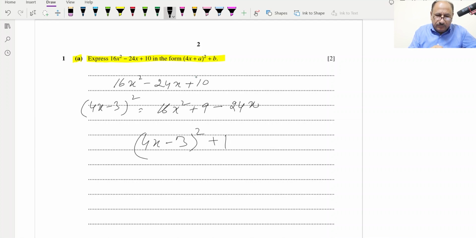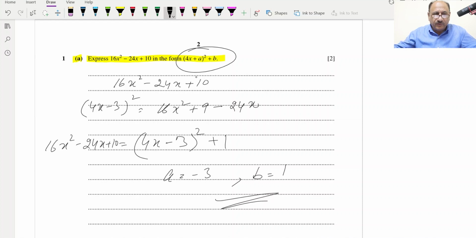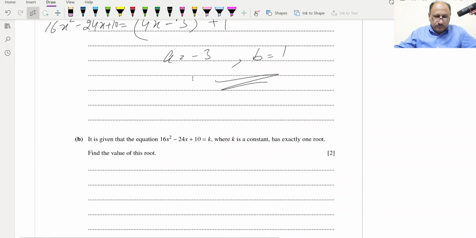So this will be the format which we have written, 16x squared minus 24x plus 10, and if we compare this one with this, a is equal to minus 3 and b is equal to 1. This will be the final step.